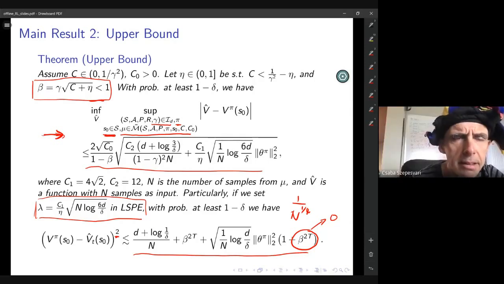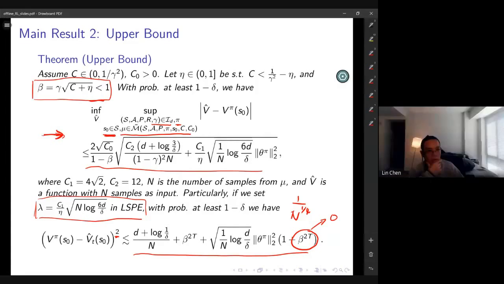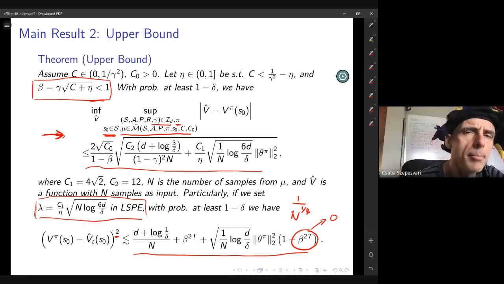The eta is not known, right? Yes, great point. The optimal choice of lambda here depends on eta, and eta is the gap between C and 1 over gamma squared.